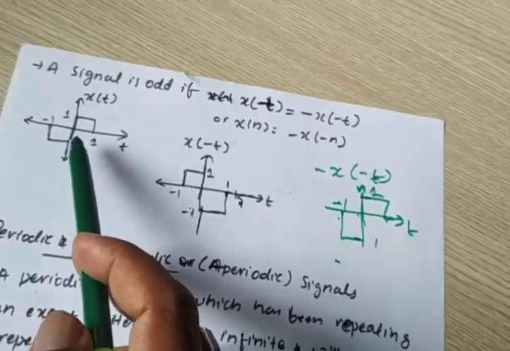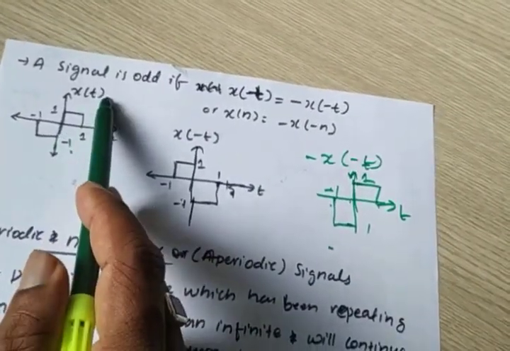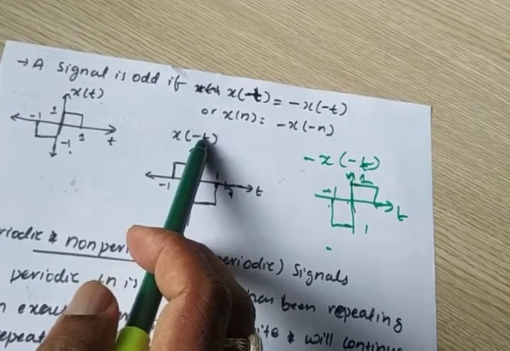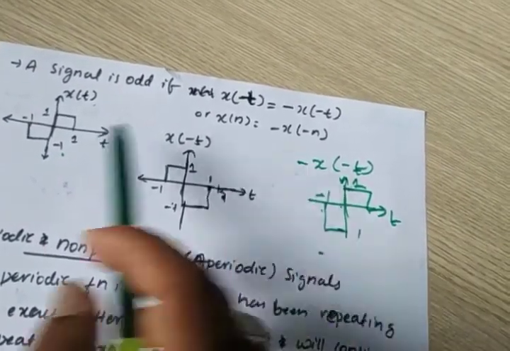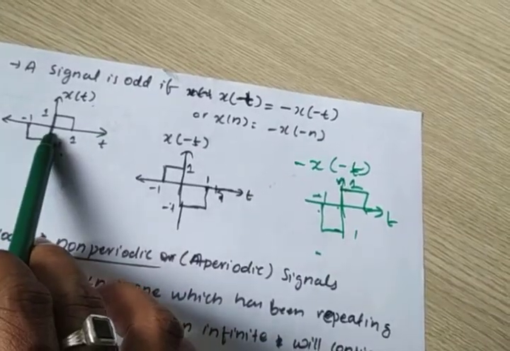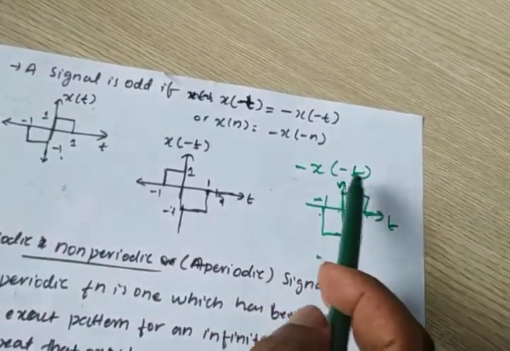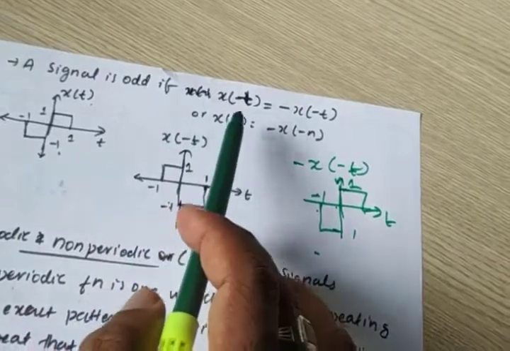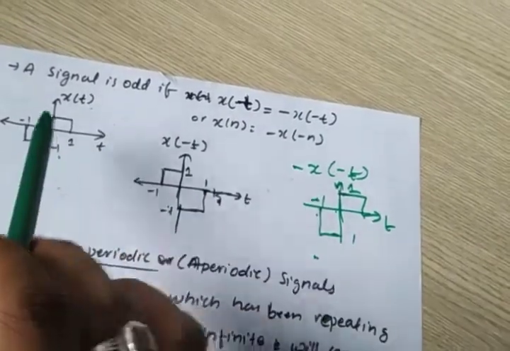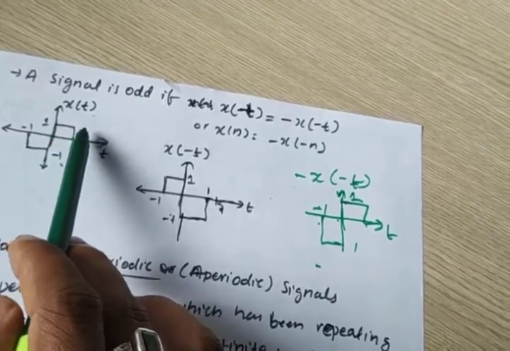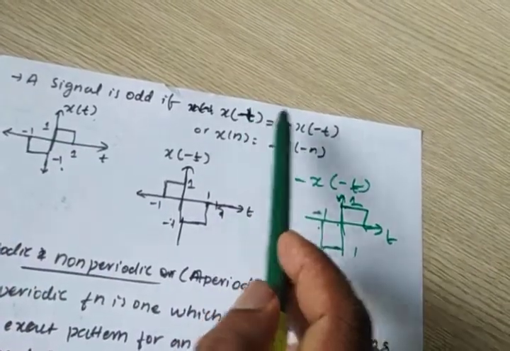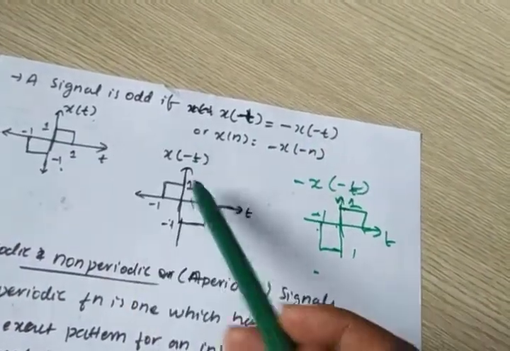So this x of t, if you take this time reversal, then shift the signal with the minus, then you will get the same. That means x of t and minus x of minus t are equal, then it is called an odd signal. Or in other words, you take x of t and x of minus t, both are not equal at that time.